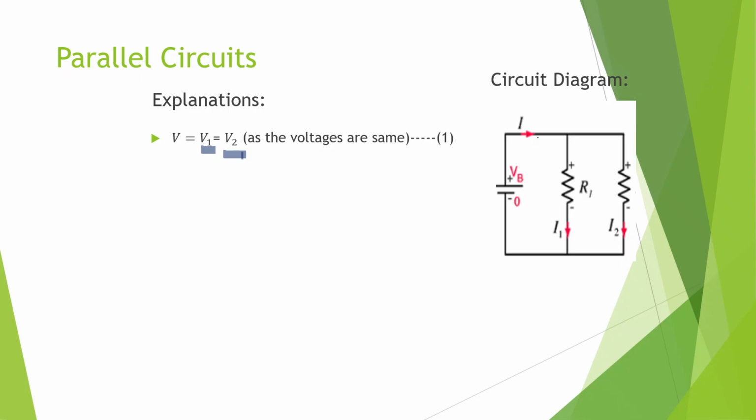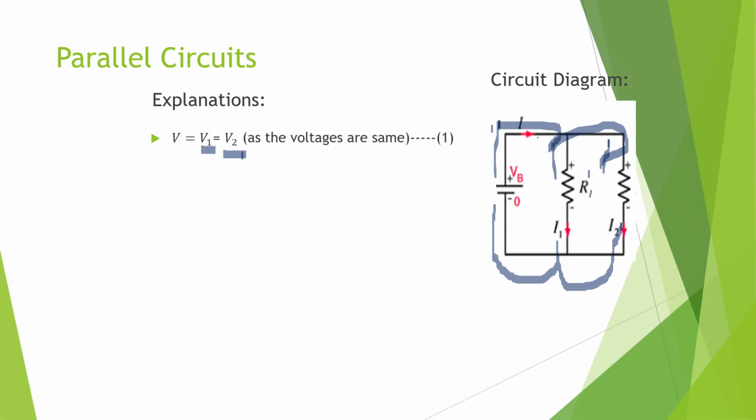When you see this, the positive polarity, the resistor R1 and the resistor R2 are all connected to the same point, and the exit of the battery, the exit of R1 and the exit of R2 are all connected at the same point.